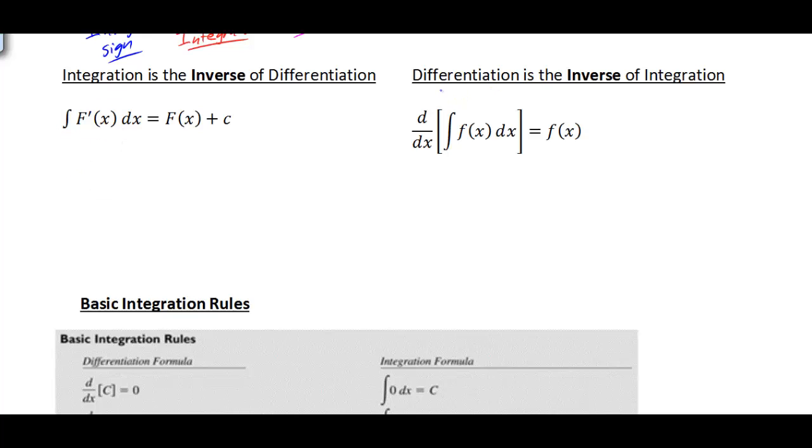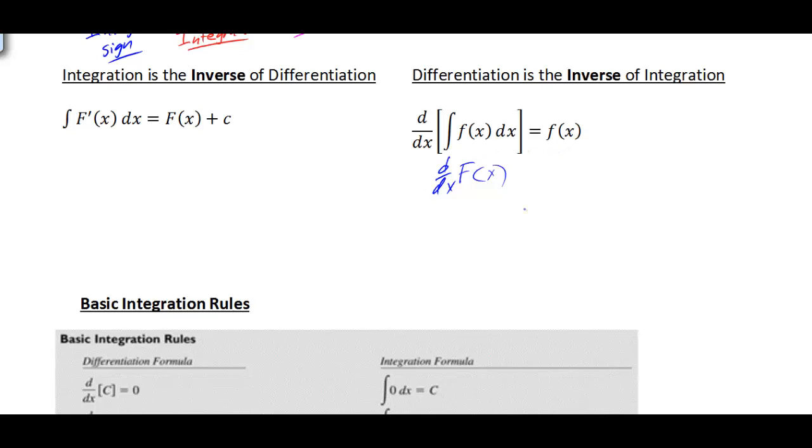And over here, vice versa, differentiation is the inverse of integration. So if we take the derivative of the integral of f of x dx, basically the derivative and the integral cancel out and you're left with f of x. So if you integrate little f of x, you would get big F of x, and then if we come along and take the derivative of big F, we're going to end up with little f of x.